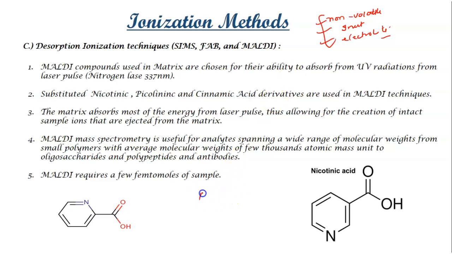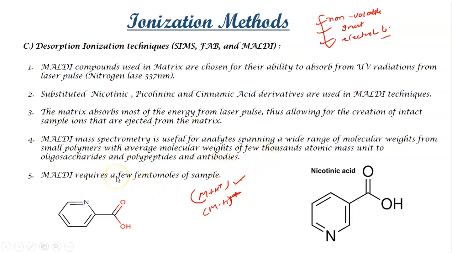That is your M plus H positive. If your matrix is more acidic in comparison to your sample or analyte, then predominantly such kind of ions will be formed. Okay, when? When the matrix compound is more acidic compared to the sample. And if your matrix is less acidic as compared to the sample molecule, then such a compound will be formed: M minus H negative. Okay, negative over there. So such kind of ions could be formed. Correct. So that is one thing to understand.